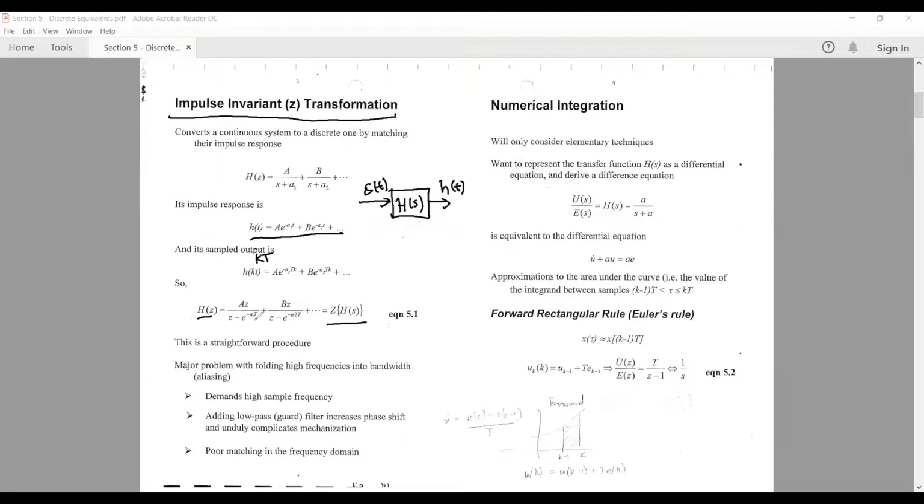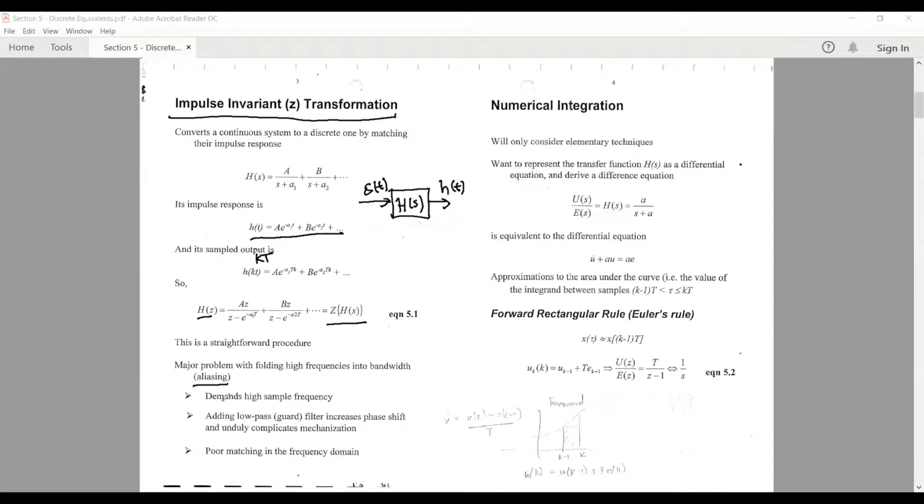This is a straightforward procedure, but there are several problems with this technique, some major ones involving frequencies. High frequencies fold into the bandwidth, which is a problem called aliasing, which we discussed in section 1.